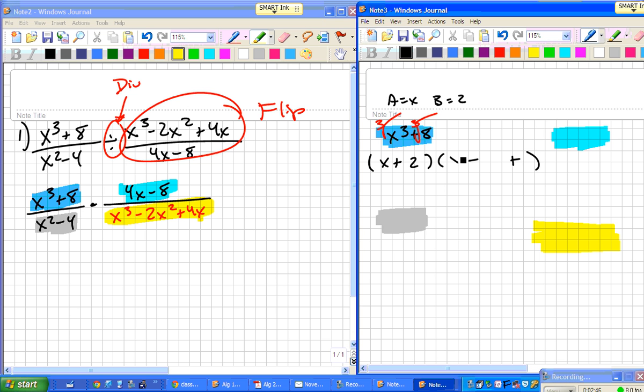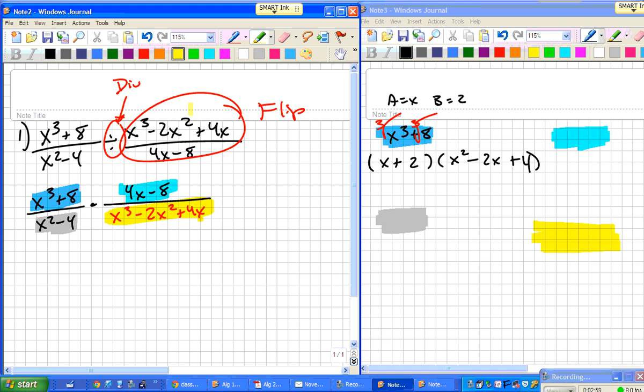So we get x plus 2, x squared minus 2x plus 2. Oh, no, not plus 2. 2 times 2, 4. Okay, so over here, we have to write x plus 2, x squared minus 2x plus 4.